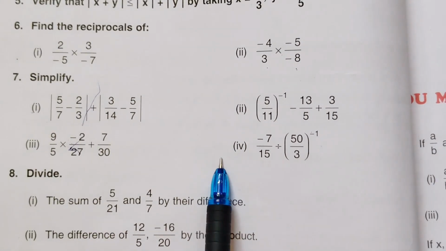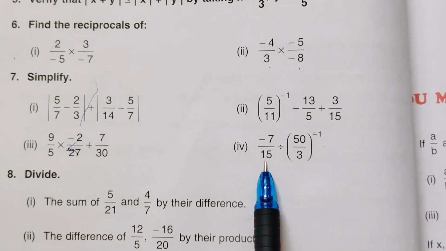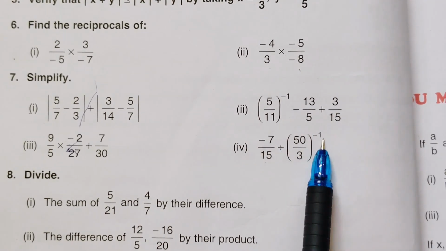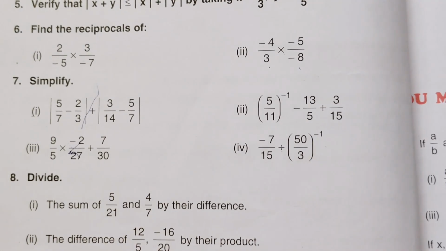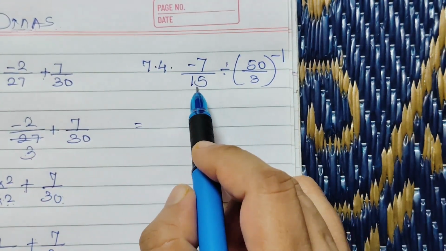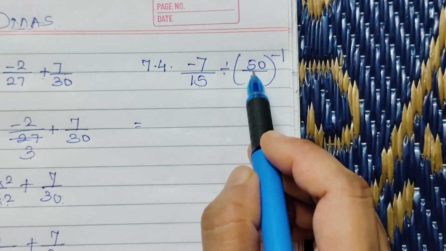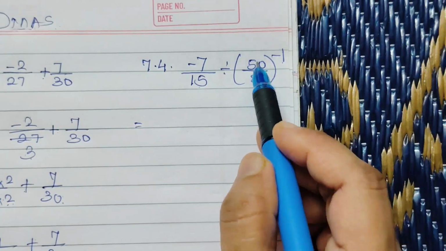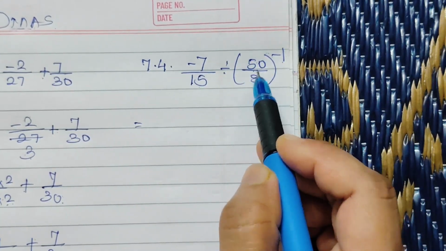Now 7.4. Minus 7 upon 15 divided by 50 upon 3 and its reciprocal, we have to find. Okay, so let's start. I wrote the question. So now here we have 7 upon 15 divided by this. This has a reciprocal sign. So first we have to reciprocate this because it is in the brackets. We have to solve this.